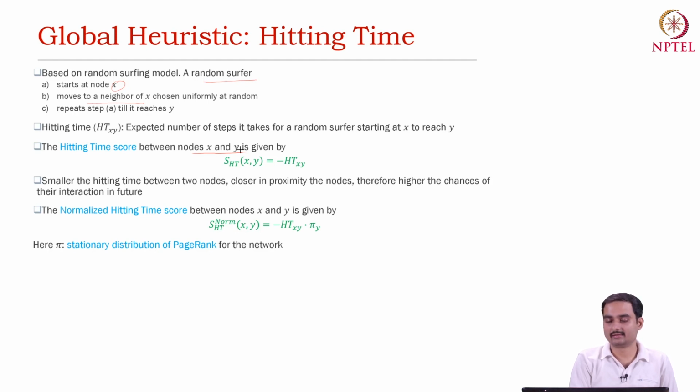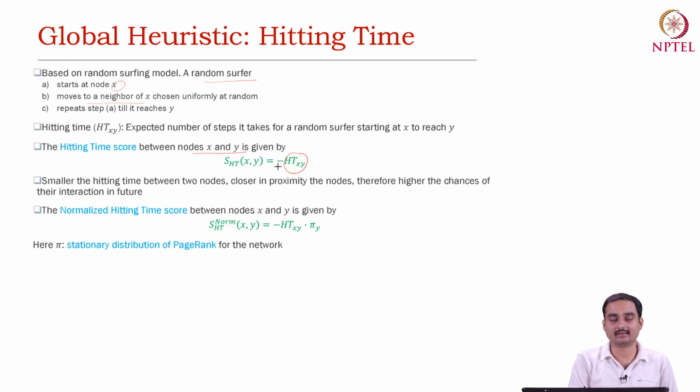So hitting time between x and y is the expected number of steps a random walker needs to move from x to y. Why do I say expected number of steps? Because this is a random walk process, and depending upon your trials the path length will change. So you repeat these experiments again and again, and you take the expectation of this, and that would be your hitting time.